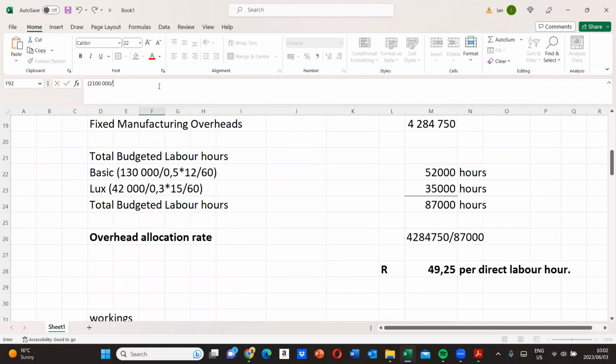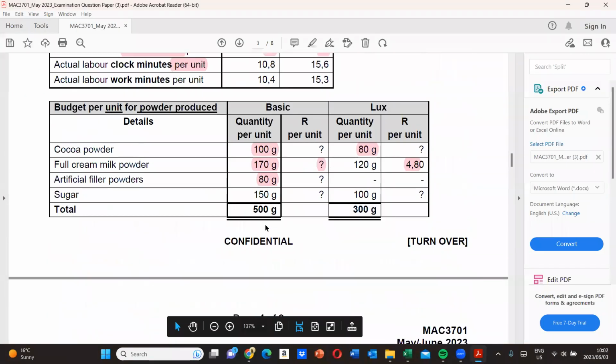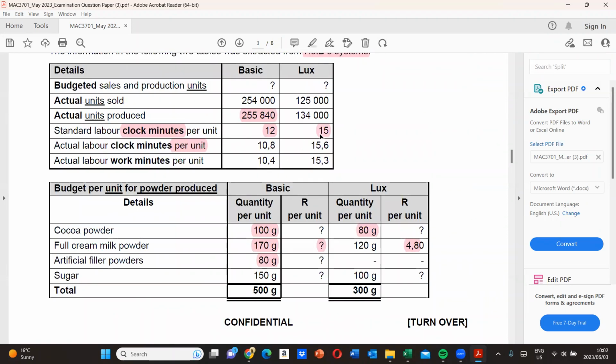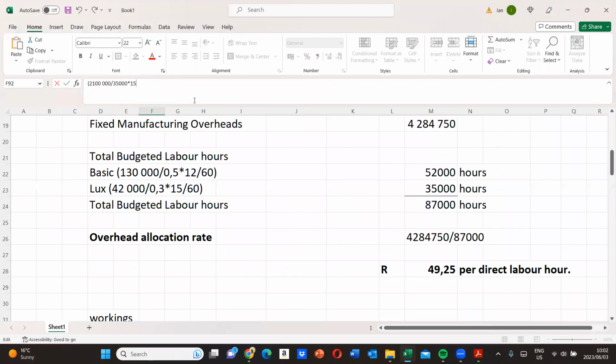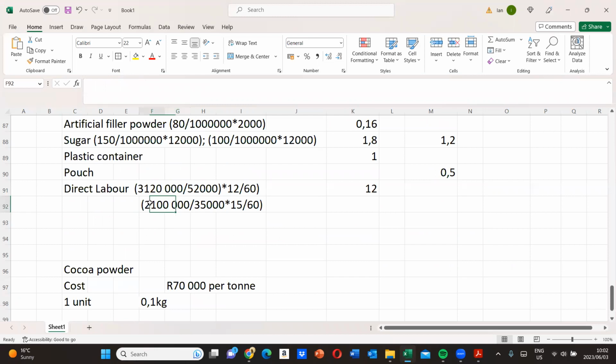It's 35. So it will give us the cost per hour. And then we multiply by the number of hours which we spend. For lax, we spend 15 minutes per unit. To convert it into hours, we take 15 divided by 60. Then we get the total there.